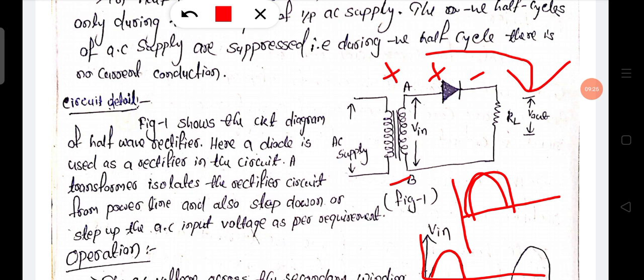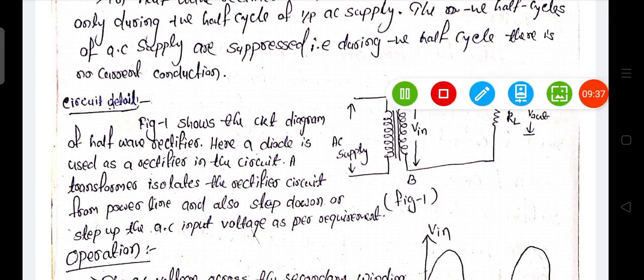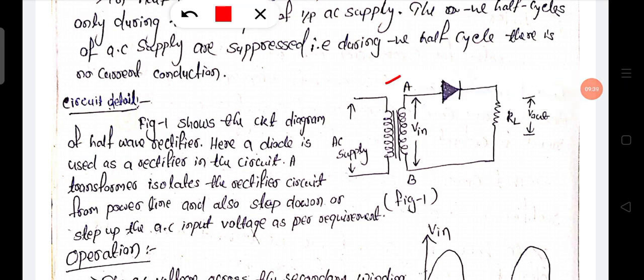And in the negative part of the input, A is negative and B is positive. Here the diode side is negative and this is positive, so the diode is reverse biased.